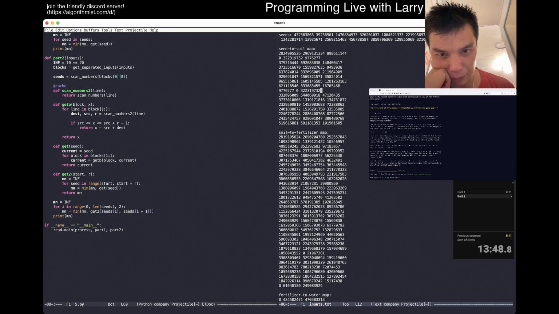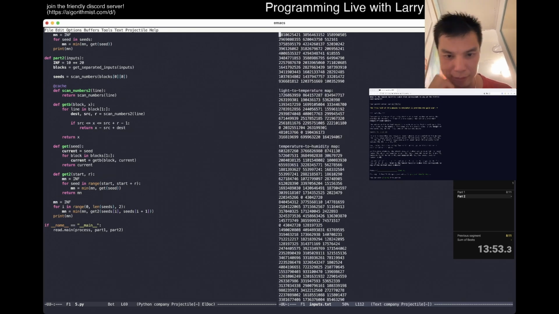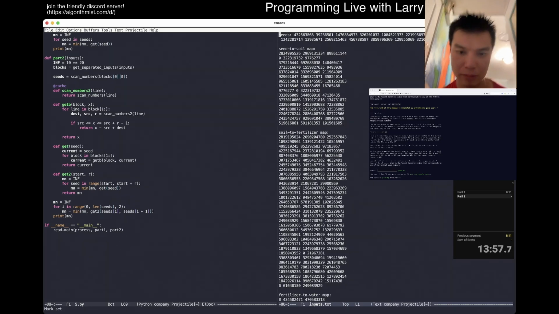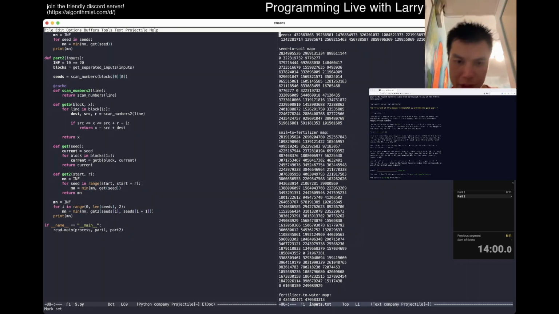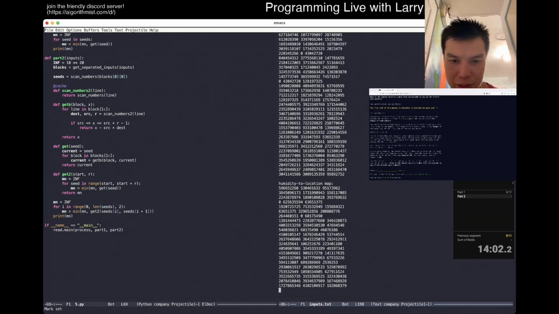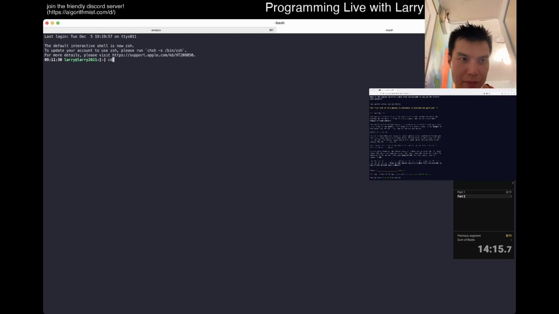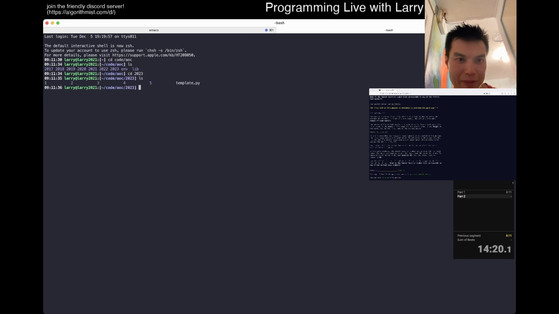These ranges can be pretty big. Can I look backwards? What does that mean, looking backwards? I don't know.